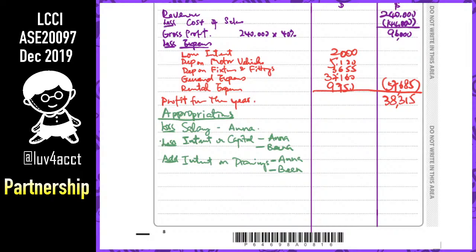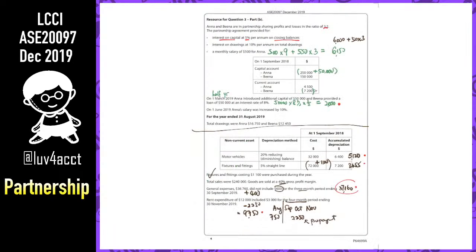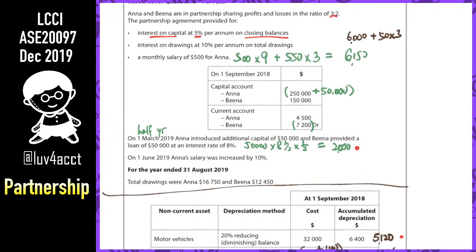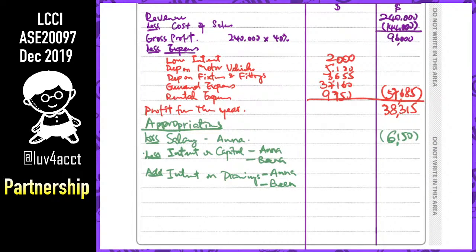Salary 6,150 as calculated. For interest on capital, we have 300,000 at 5%, and then 150,000. So 300 at 5% is 15, and then 7,500, so we will have 22,500 negative.